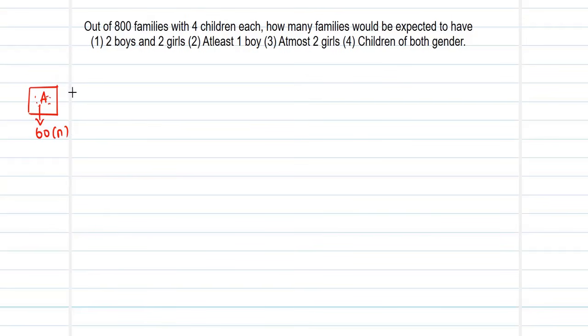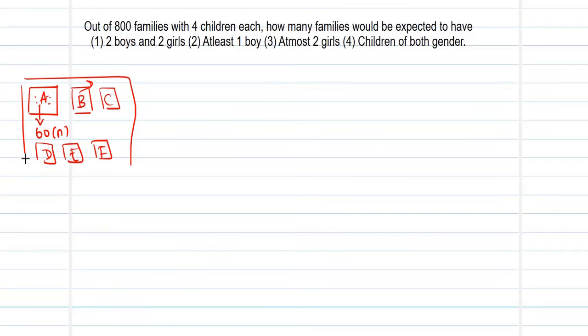If we have many such sections A, B, C, D, E and F, all of which contain some random number n, so n is equal to 60, n equal to 4 and so on, then the entire quantity, the superset that consists of all these subsets, is denoted by capital N. So if you have A, B, C, D, E, F, 6 sections, your capital N will be 6 and your small n will be equal to 60.